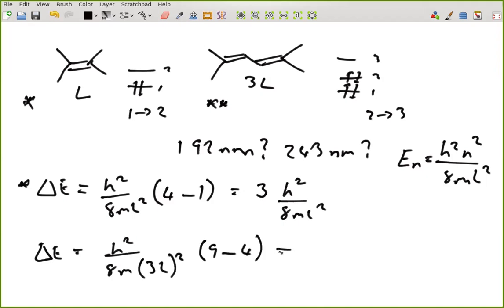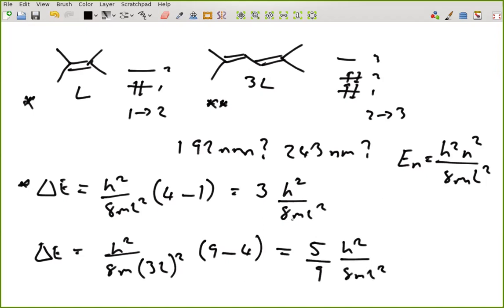And I get that as being 5. But I'd also like to take this 3 squared out at the end, put that 5 over 9 down here. And I end up with 5 over 9 times h squared over 8mL squared.